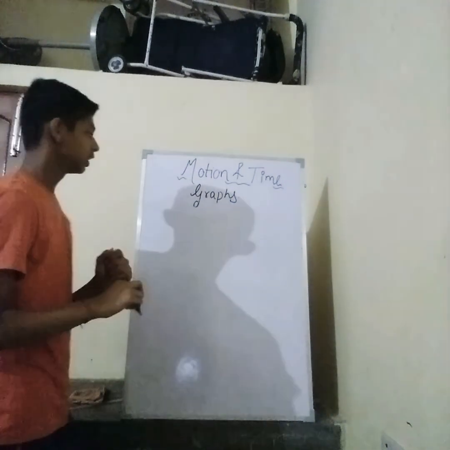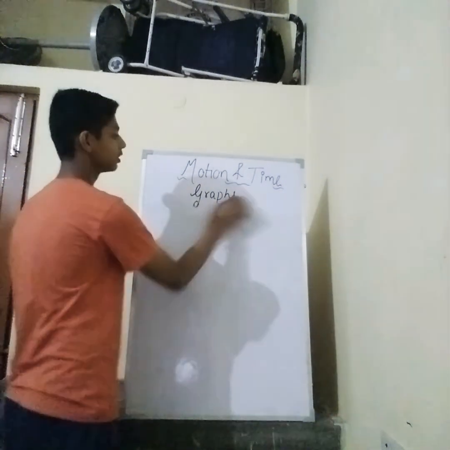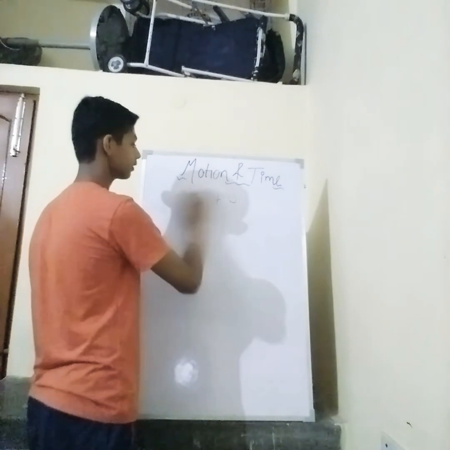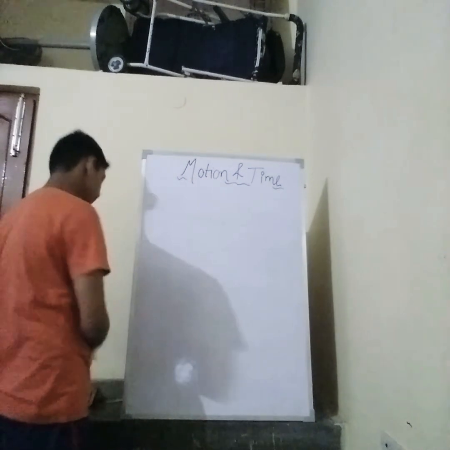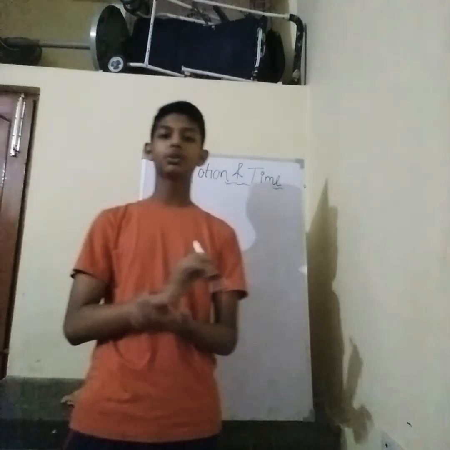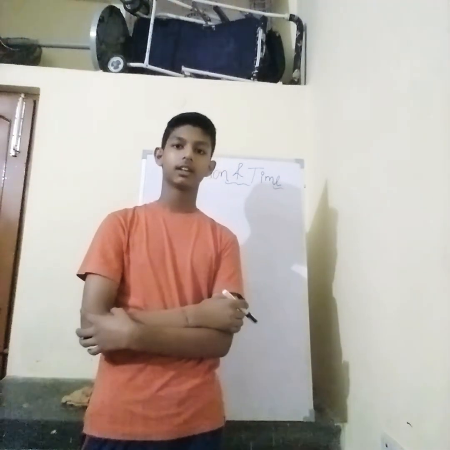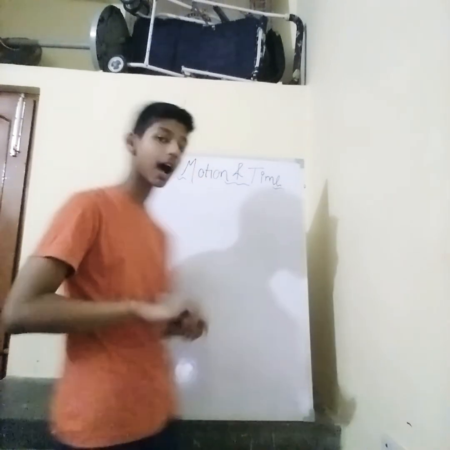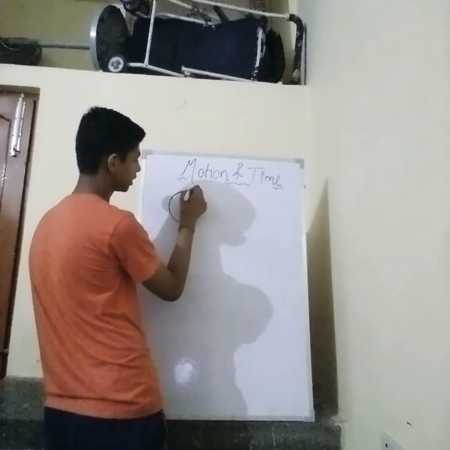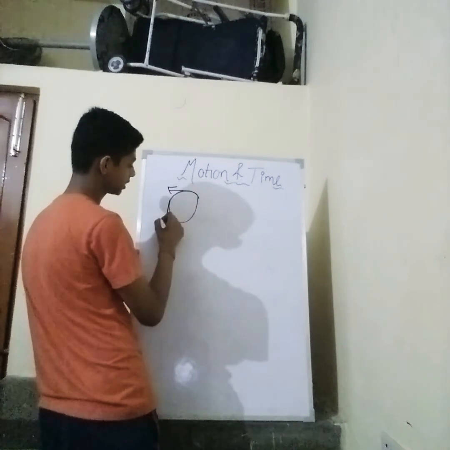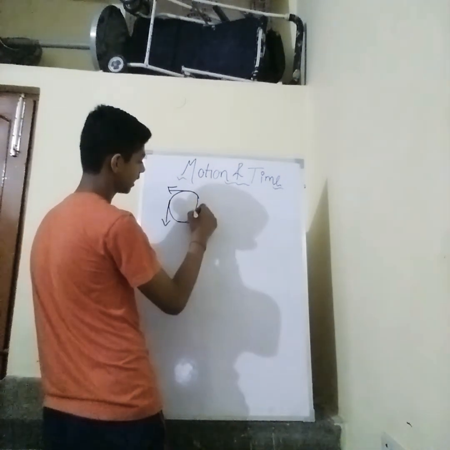Now we will describe something of circular motion. In circular motion, velocity can never be uniform. You can ask how and why. Suppose this is the circular motion. First the direction is going to this and this and this and this.